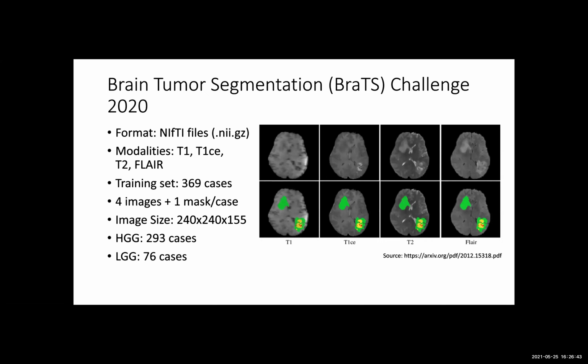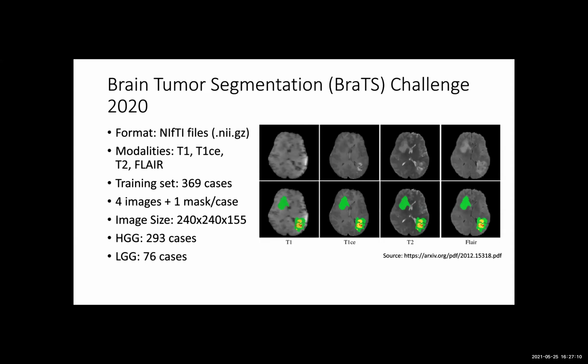Each image represents one modality of the MRI scan, and its size is 240 by 240 with 155 slices. In this data set, there are more high-grade glioma tumors than low-grade.